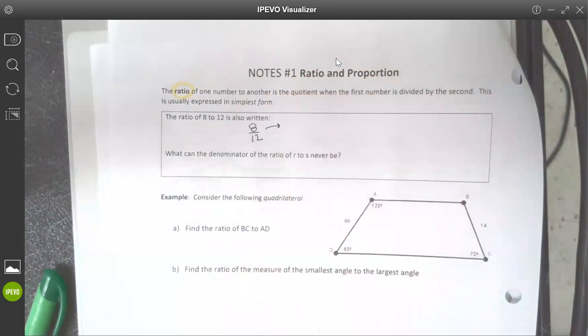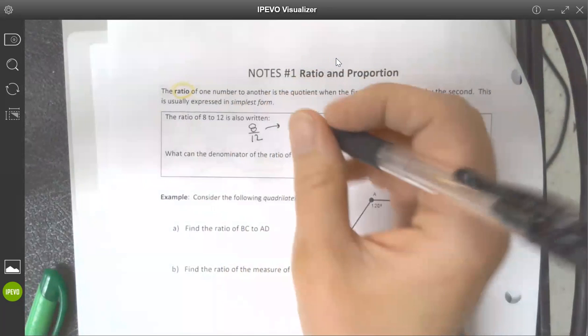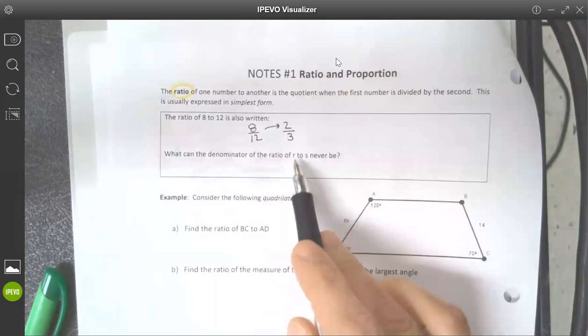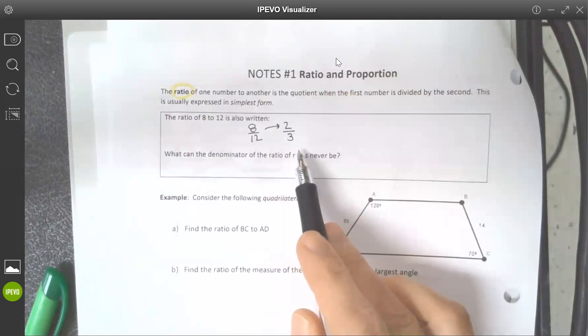What is 8/12 equal to? Or what is it reduced to, I should say? 2/3. 2/3, right. So if I have 8/12, then I want to reduce these ratios.